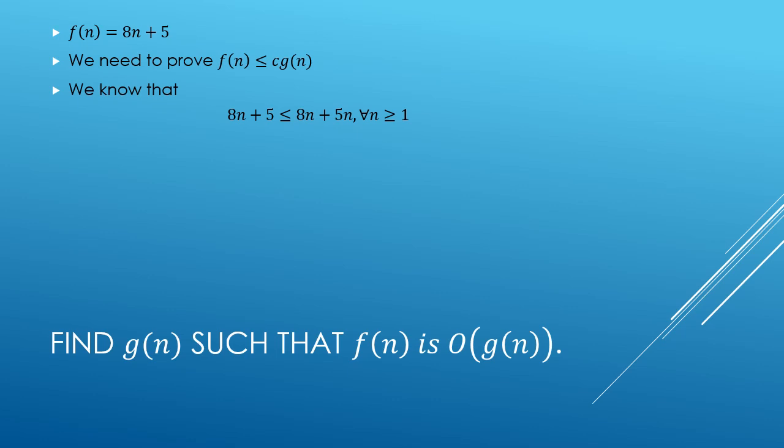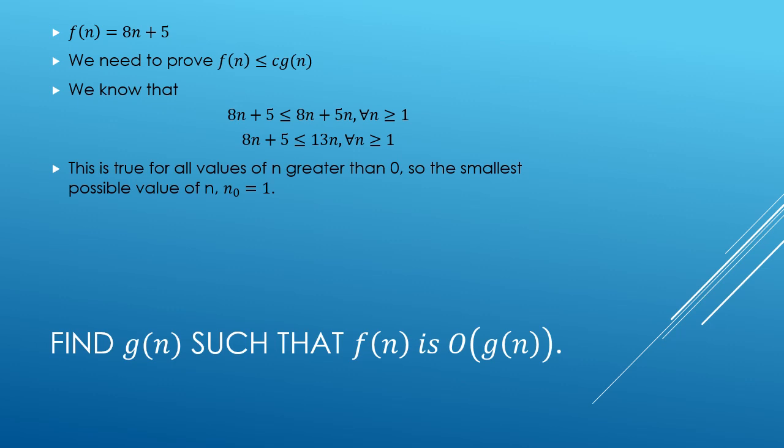Likewise, if you add something to the larger side, the inequality is not affected. Here, the larger side is the right side, and I have added to the larger side. I have swapped 5 by 5n, and this will hold for all n greater than or equal to 1. In the next step, I add the two terms on the right, and I get this. 8n plus 5 is less than or equal to 13n.